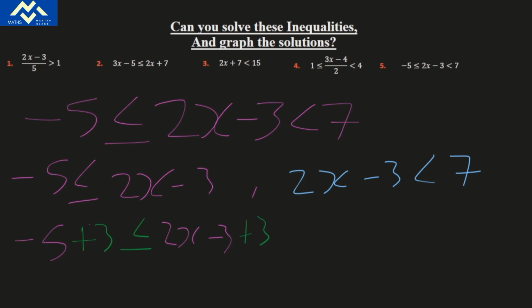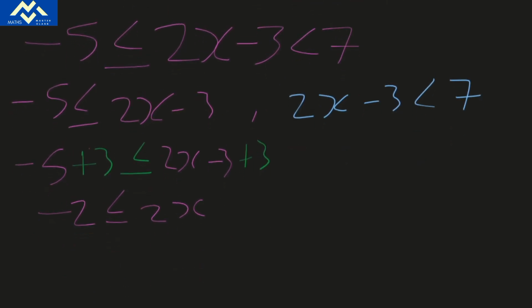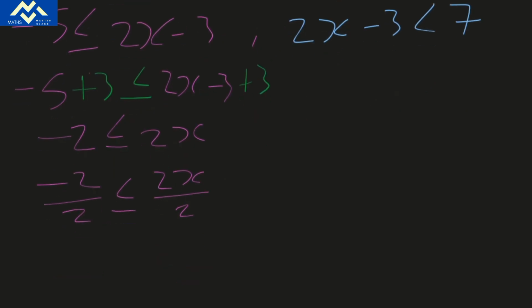We have -5 plus 3, which is -2. And here will be just 2x. Divide both sides by 2. We have -1 less than or equal to x.